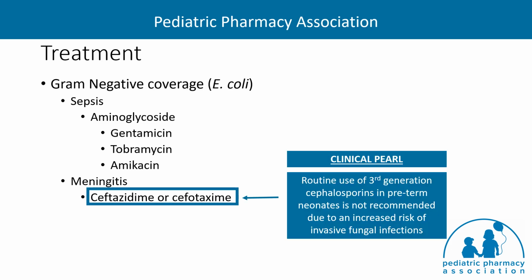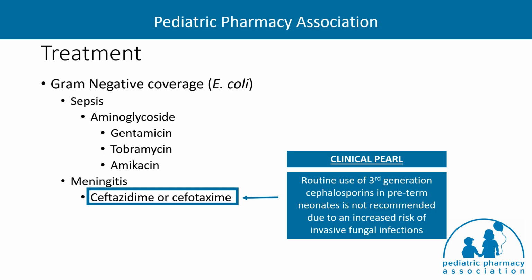It is important to note that routine use of third-generation cephalosporin should be avoided due to risk of invasive fungal infections and resistance over time. In some NICUs, routine fungal prophylaxis may be warranted when a third-generation cephalosporin is used, especially if the NICU rate of fungal infection is greater than 10%. Recommendations on fungal prophylaxis will be discussed later in this presentation.